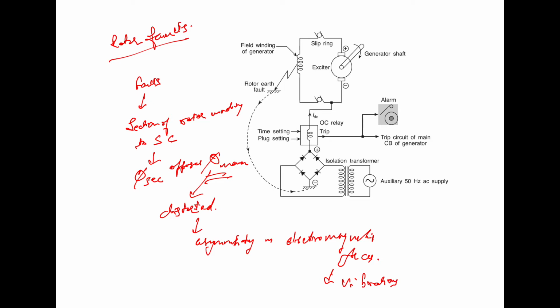Now, in the modern turbo alternator, the inertia of the rotation is very large and the rotor to stator clearances are very small. So there is the likelihood of permanent damage to the turbo alternators.